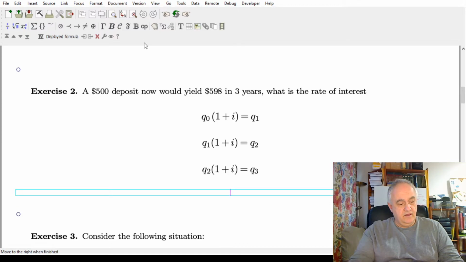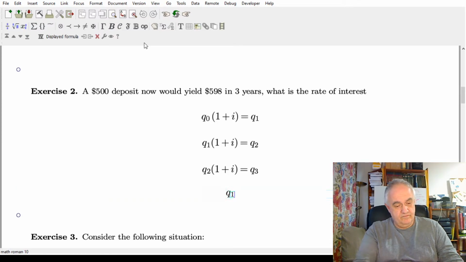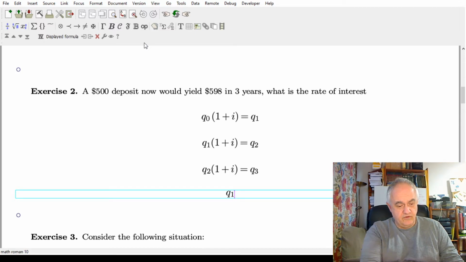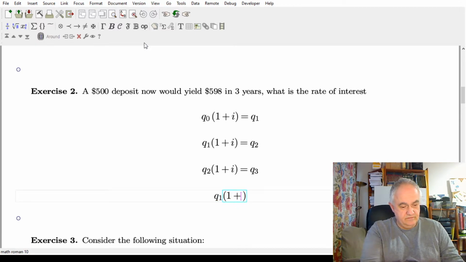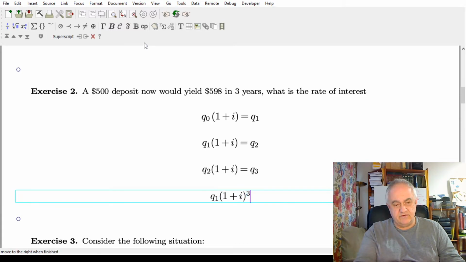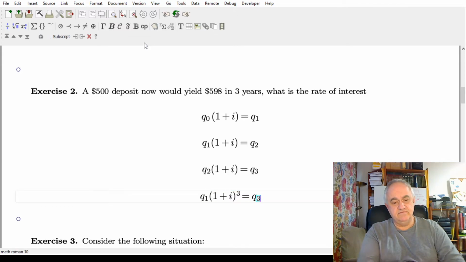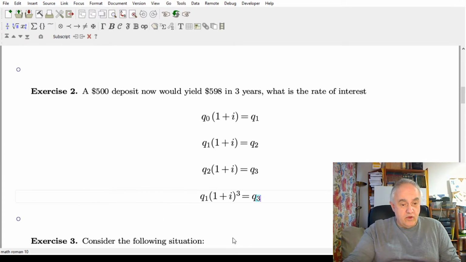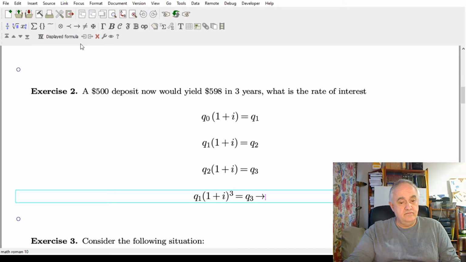Q0, if compounded 3 times at a constant rate of interest, again, we can discuss what happens if the rate of interest is not the same in every year, will be transformed into this. But again, we know Q0 and Q3, so obtaining the interest that matches these initial and final points is quite simple.